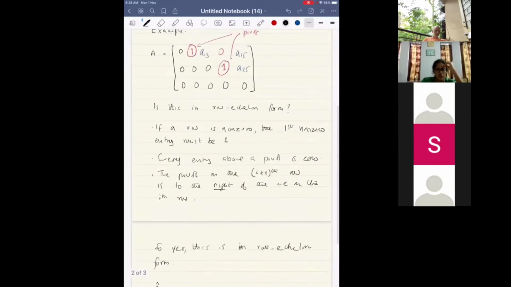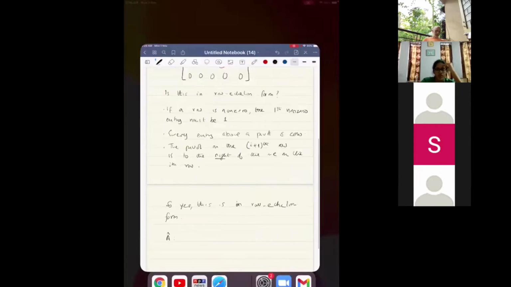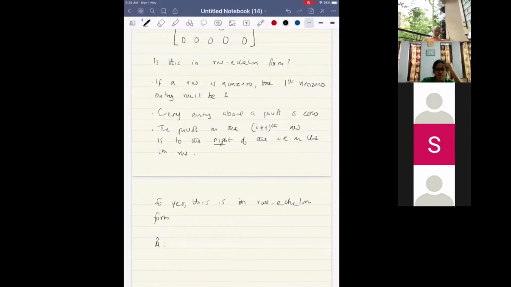Column vectors of length 5 to column vectors of length 3. Very good. It goes from column vectors of length 5 to column vectors of length 3.